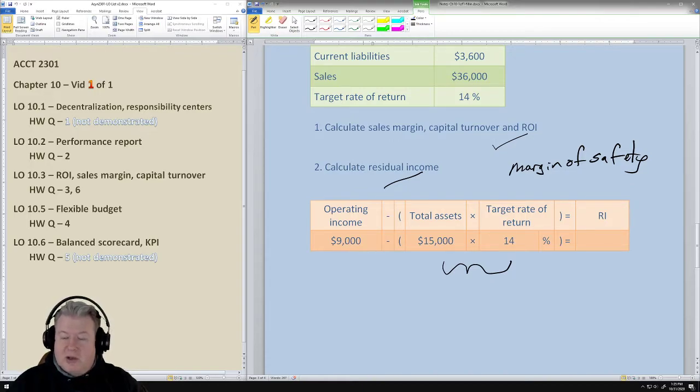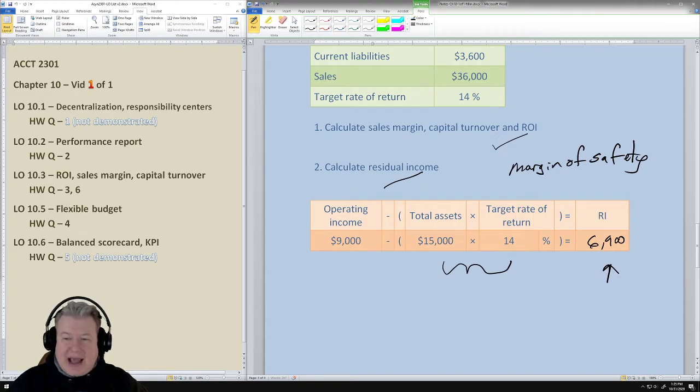It could be a whole bunch, or it could be in thousands or something like that. So we first calculate a targeted return, and then we subtract it from our operating income. And what this gives us is how much over our expected rate of return. So if we expect 14 cents, we're getting off of the 15,000 in assets, we're actually getting this much more.